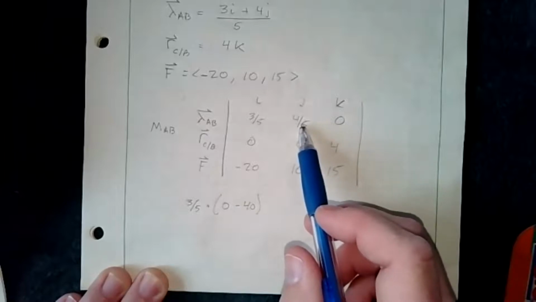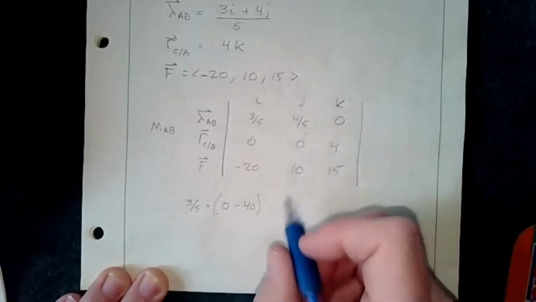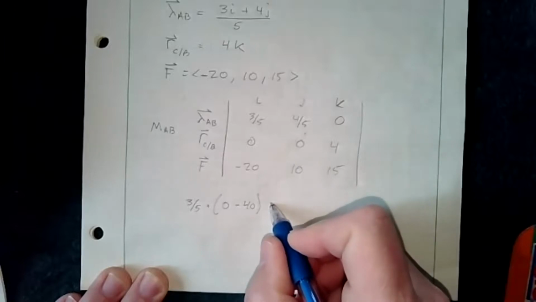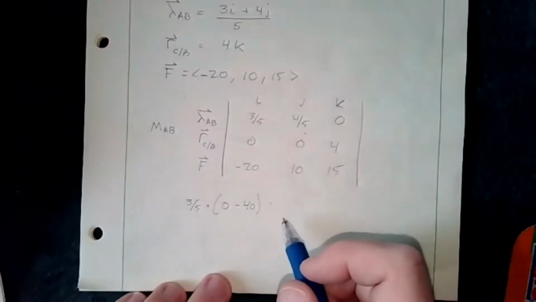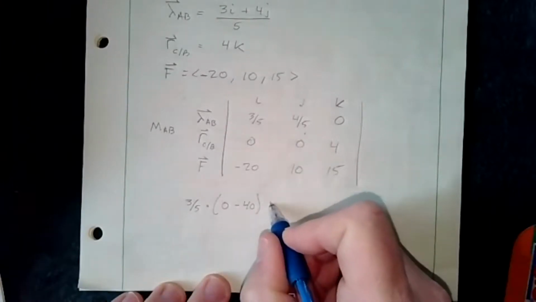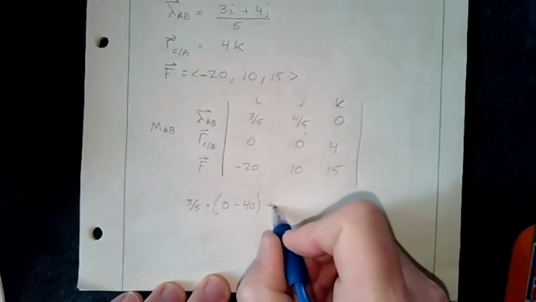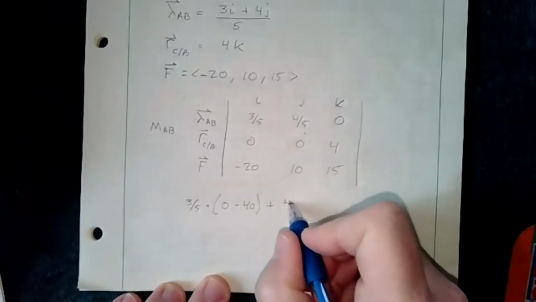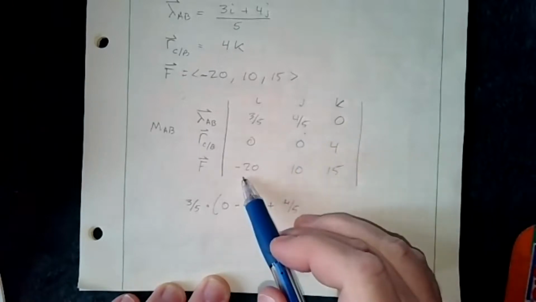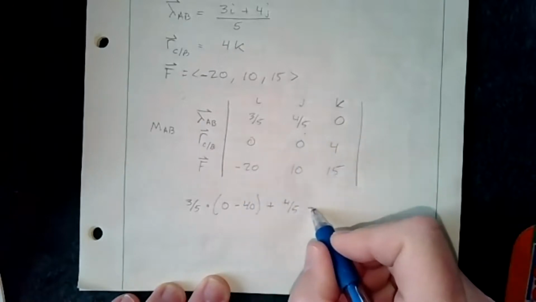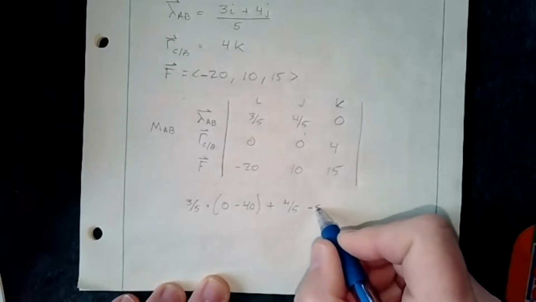So this is going to be plus 4/5, but it's going to be 4 times minus 20, so -80.